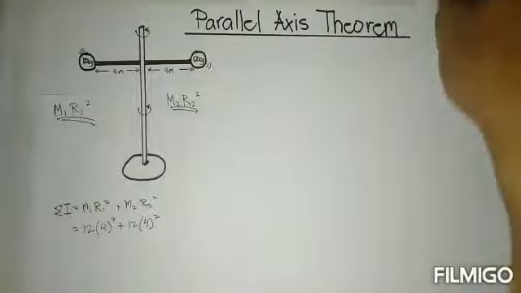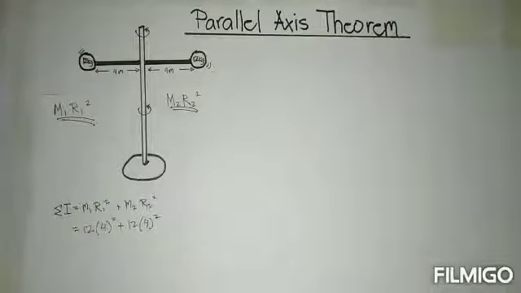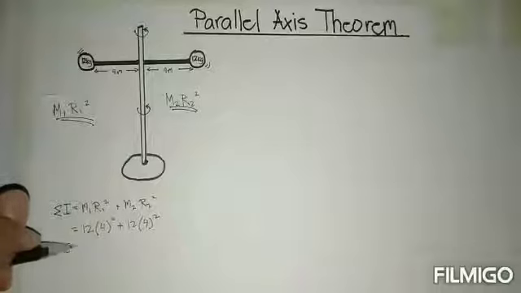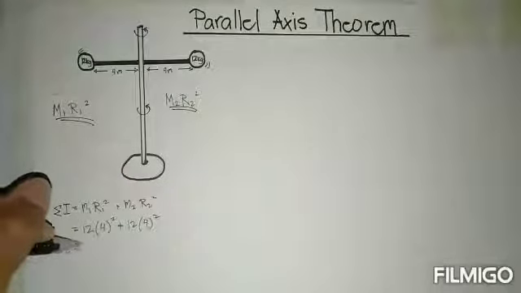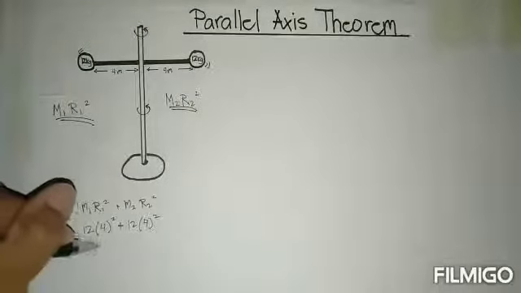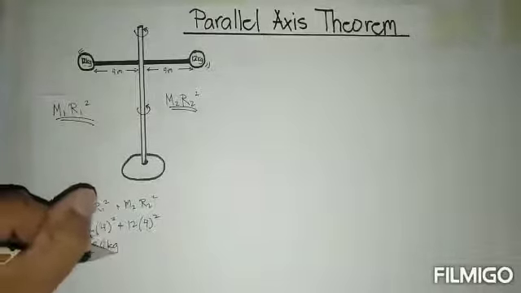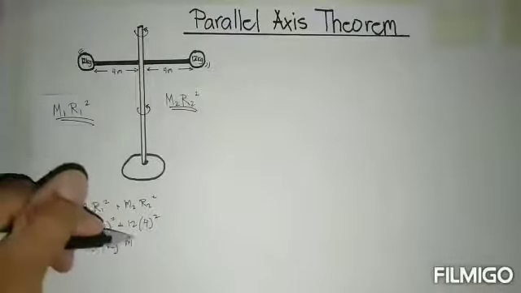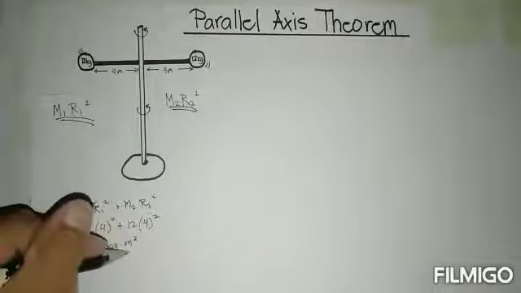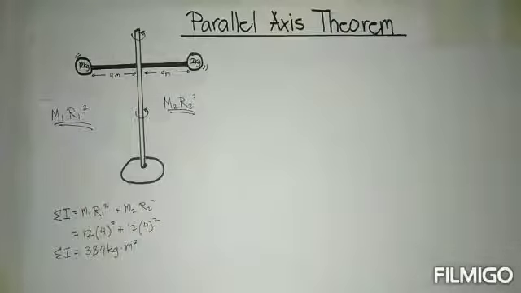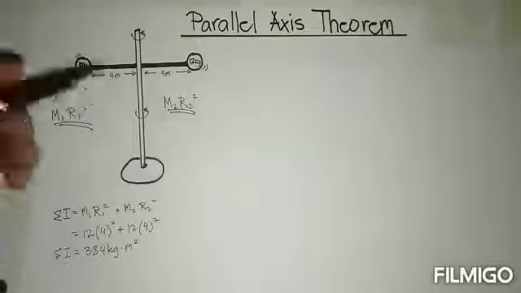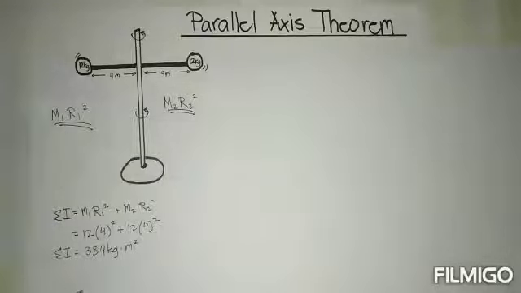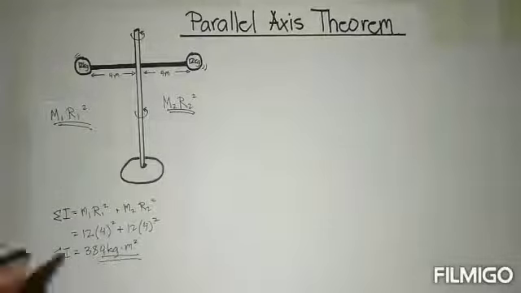Calculating it, the total inertia is equal to 384 kilograms times meter squared. So the inertia of the system when the axis of rotation is at the center of mass is 384 kilogram meter squared.